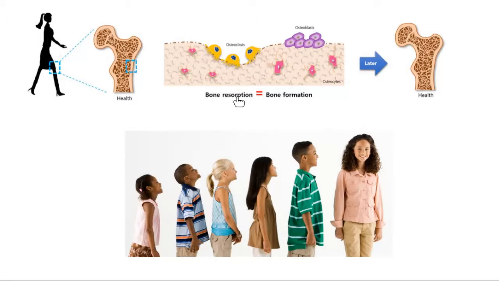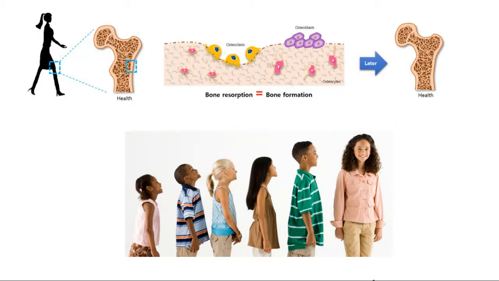Bone resorption, the process of breaking bone down, normally is the same as the rate of bone formation. Bone formation or bone building is what osteoblasts do. Bone resorption or bone breaking is what osteoclasts do. Now, this is what's happening in you and me, in normal adults. The rate that I build bone and break it is the same.